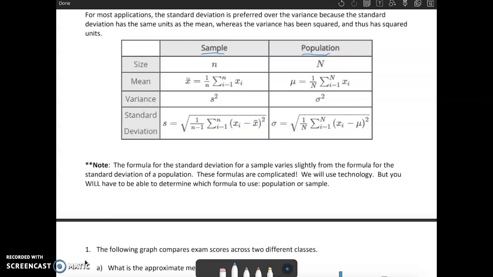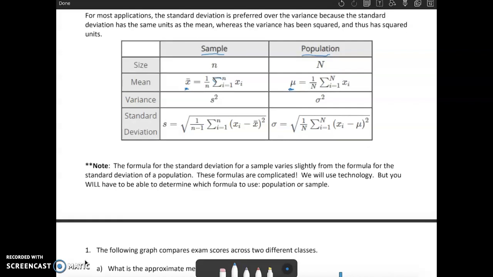Now we know how to find the mean of either a sample or a population. The notations are x bar for the mean of a sample and mu for the mean of a population. And this big symbol right here means sum.